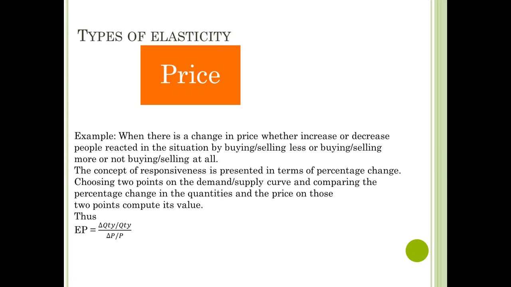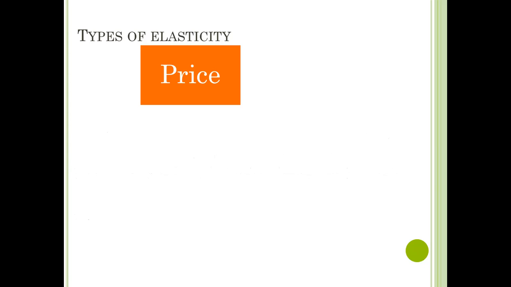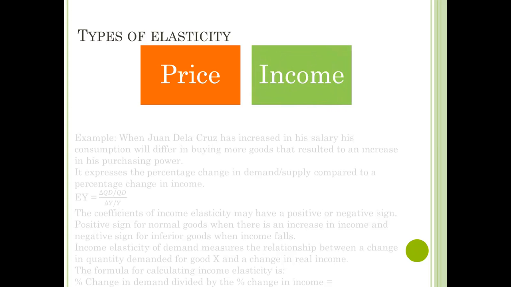Another type of elasticity is income elasticity. Income elasticity refers to the type of elasticity that deals with the degree of responsiveness of people when there are changes in income. So we have here an example.